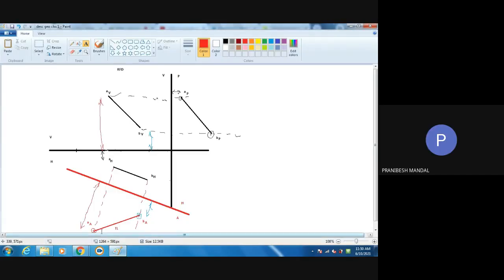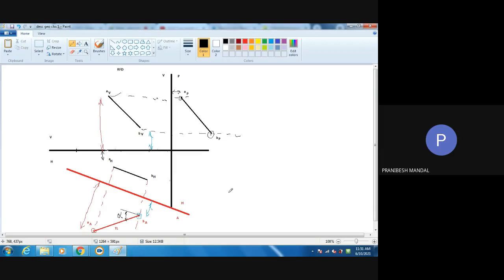So you tell me how to get the angle with this particular line. Either you can extend it, or you can have a construction line parallel to this, and you can say that this angle is nothing but your alpha.